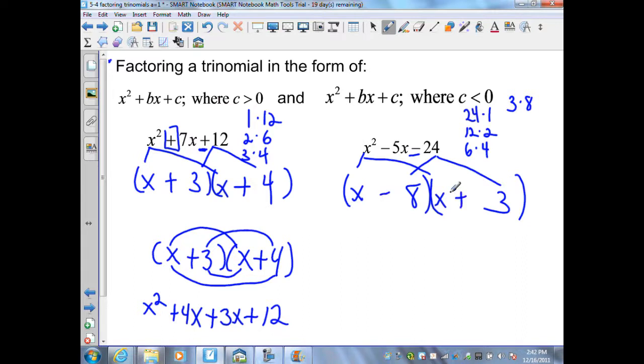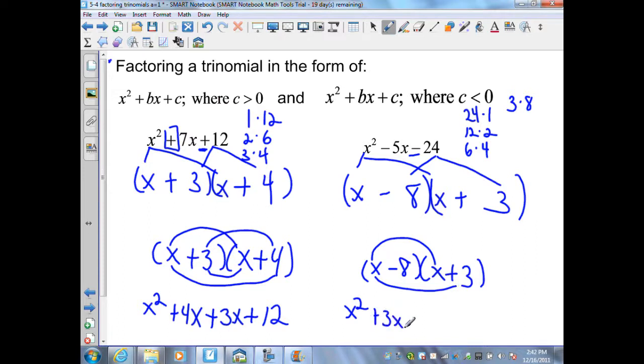Now what I do is verify by the FOIL method. So I'm going to rewrite my product of factors, x minus 8 times x plus 3, and now I'll just FOIL, or distribute each term twice through the expression. First, x times x is x squared. Outer, x times a positive 3 is plus 3x.